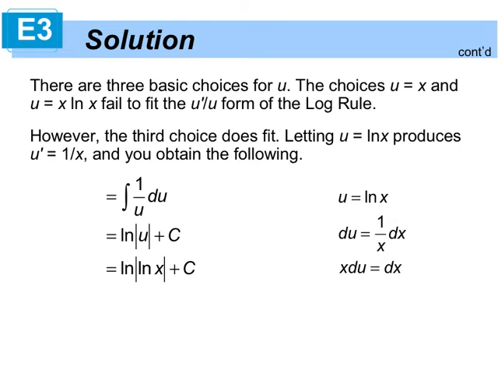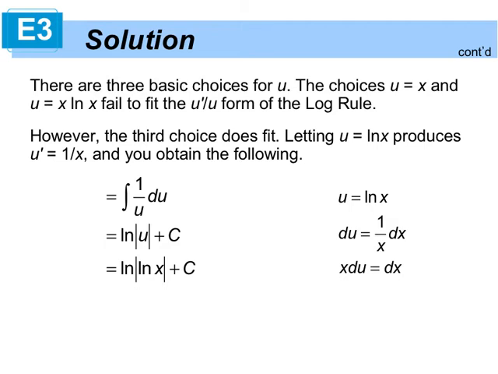Okay, so here's the work. This is what I would do. The natural log of x makes this a u-substitution problem, because obviously there's no product rule or quotient rule in integrals. You have three options. Like it says up there, you can make u equal to x, you can make u equal to x times the natural log of x, or you can make u equal to the natural log of x. The correct answer is to make it equal to the natural log of x, and here's how it works.